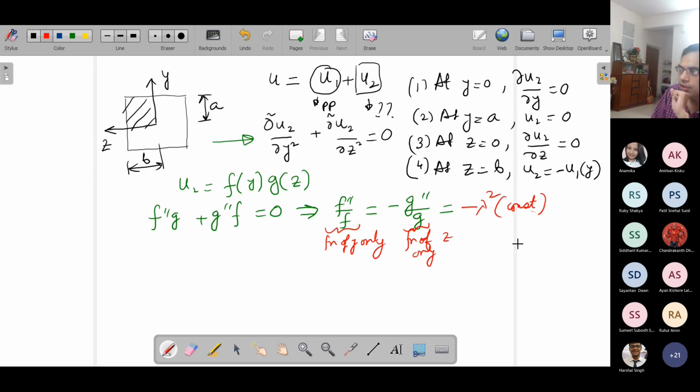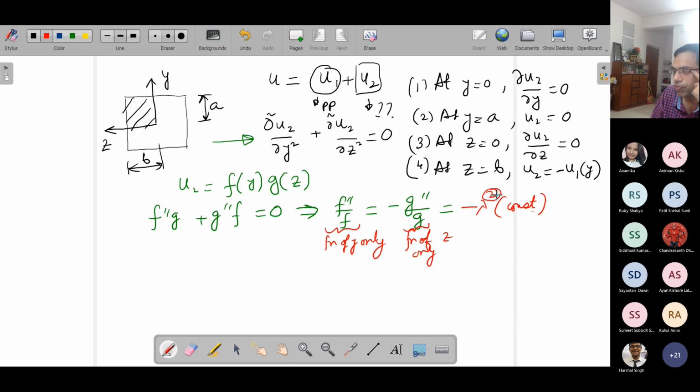Not about the name of the symbol of the variable, but the square. So we could have put it equal to k or even lambda, but why minus lambda square? Lambda is real, so lambda square is something which is positive.